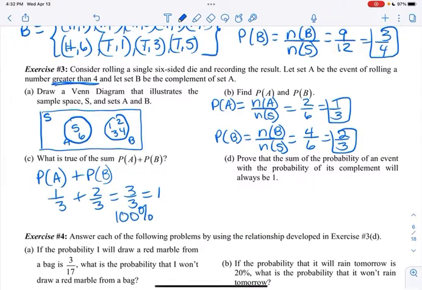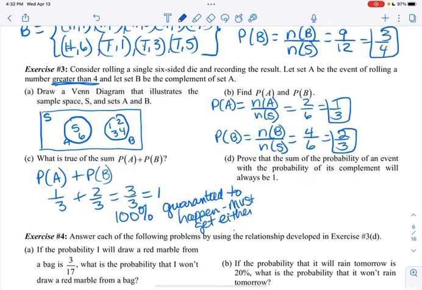The probability of A or B is 100%. You must get either A or B. Those are your only 2 possibilities. There's no other choice.